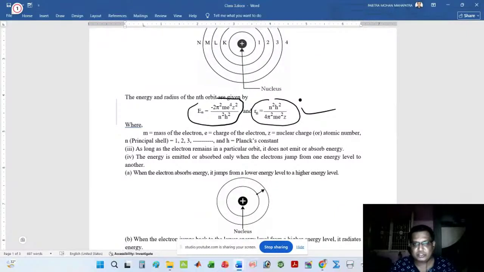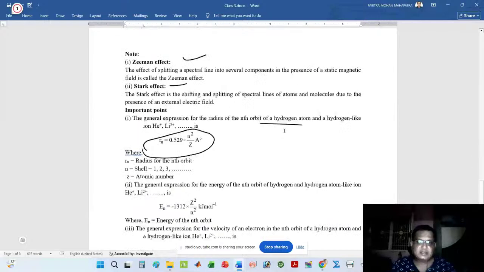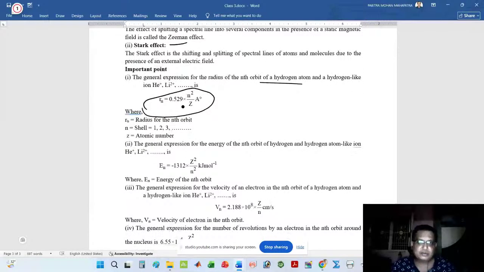In the actual equation, if you put the values of the mass of the electron, charge of the electron, pi and h, then you get this short formula: Rn is equal to 0.529 into n square by z angstrom.